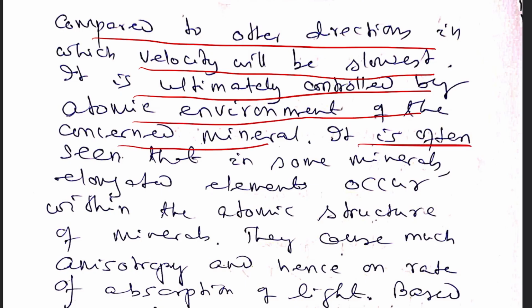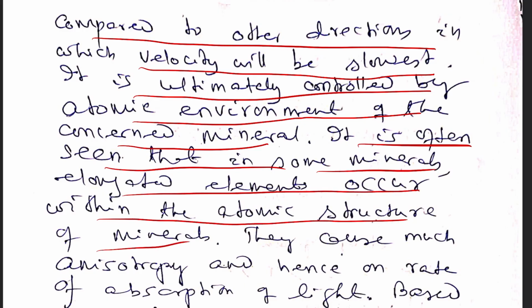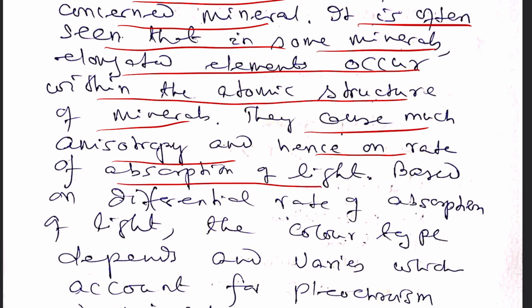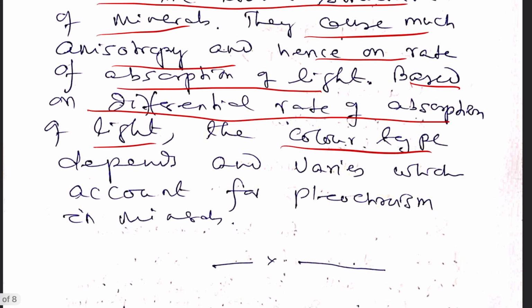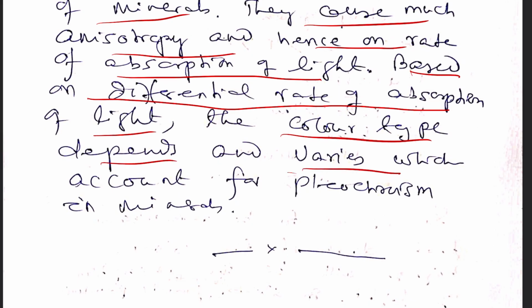So it is often seen that in some minerals, elongated elements occur within the atomic structure. They cause much anisotropy and hence affect the rate of absorption of light. Based on the differential rate of absorption of light, the color type varies, which accounts for pleochroism in minerals.